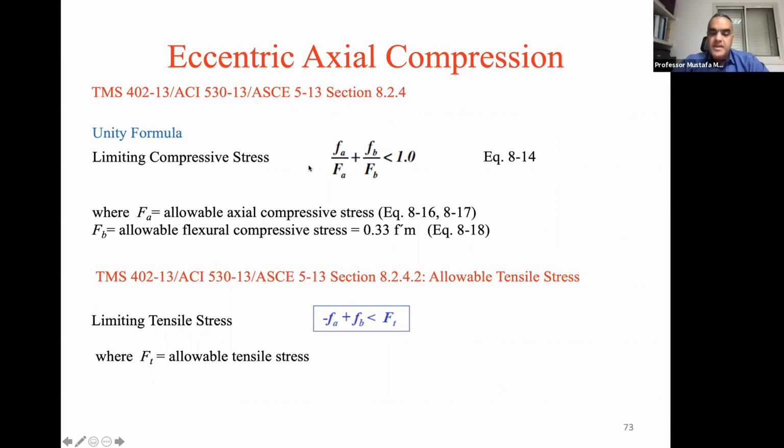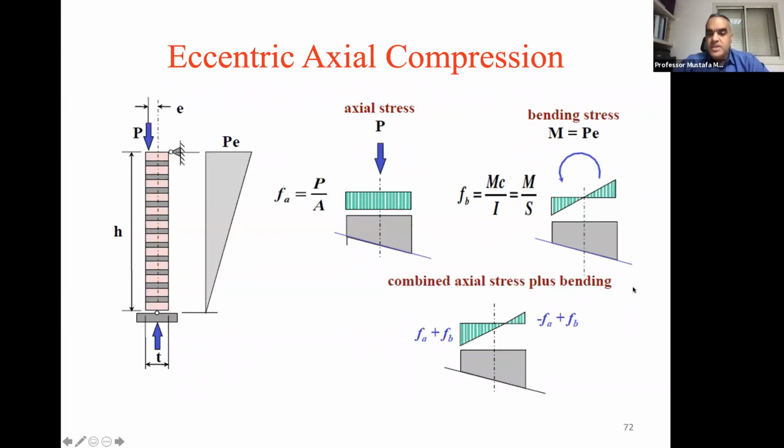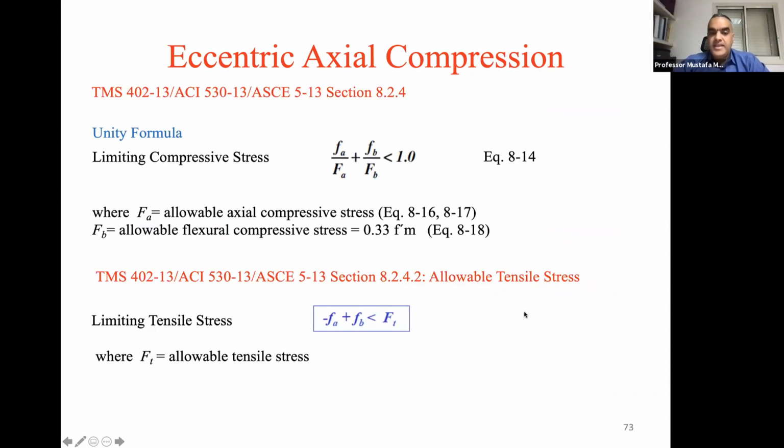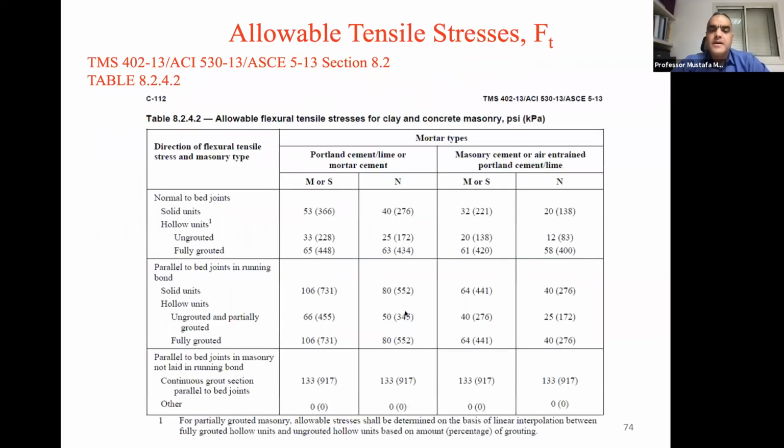Now, for the other side, we have to see if we have tension or not. In this case, it looks like we do have tension. That has to be compared with capital F sub T, the allowable tensile stress in the masonry.